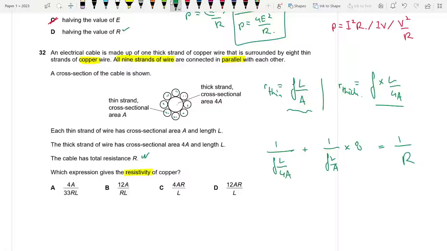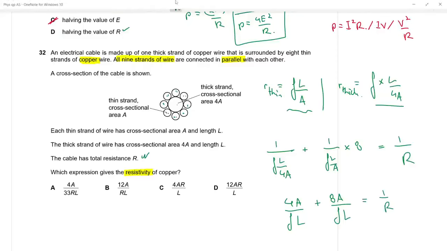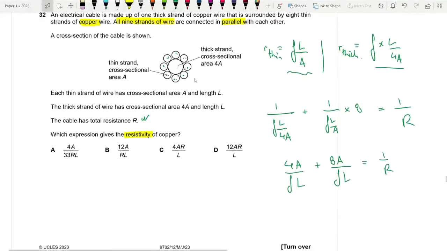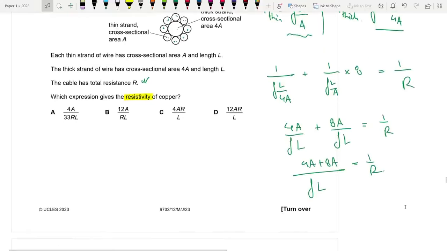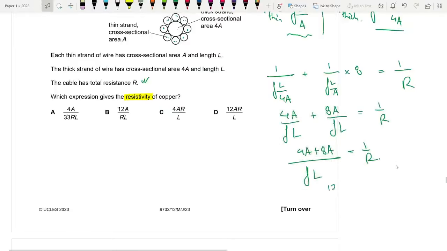Now, if I do the reciprocal properly, 4A will go up, 4A divided by rho L, and here it's going to be 8A divided by rho L, equal to 1 by R. Then we can take the LCM, rho L, and over here it's 4A plus 8A, equal to 1 by R, followed by the next step, which is 12A divided by rho L equal to 1 by R.